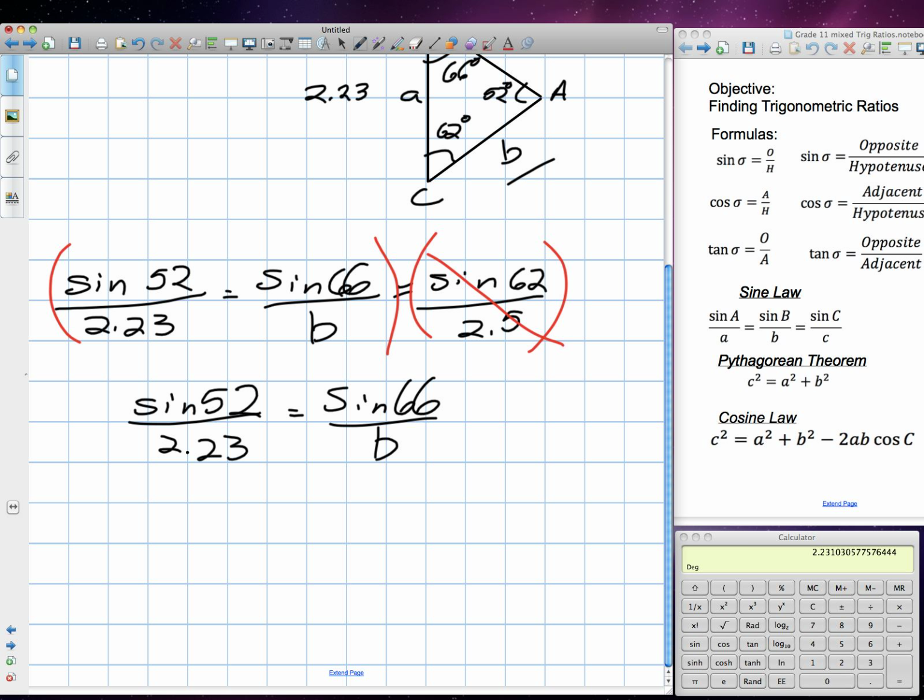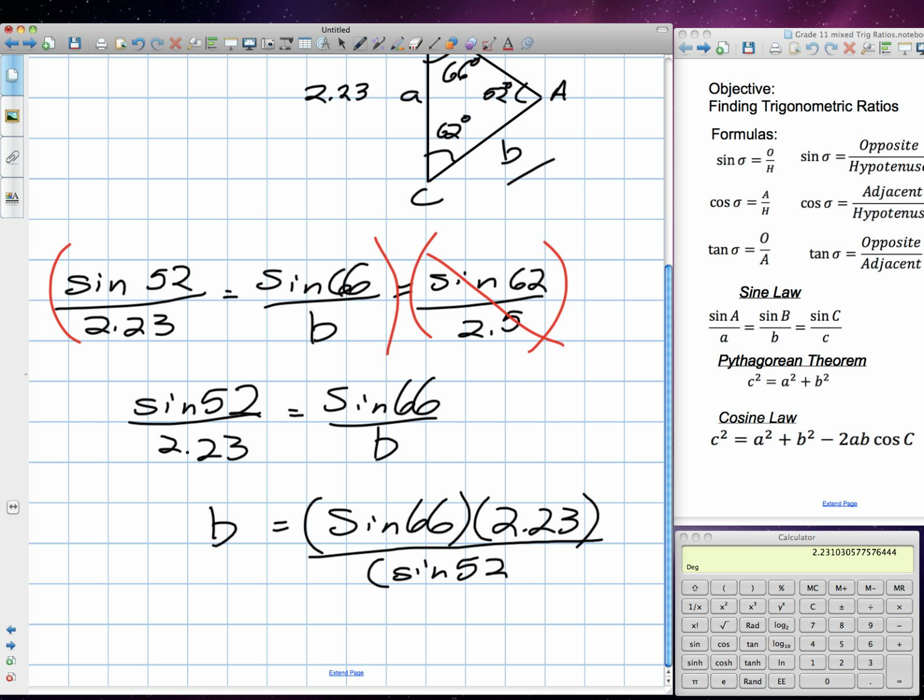The best way to do this right away is to move the bottom to the top and the top to the bottom. So sine 66 multiplied by 2.23 and everything divided by what was on the top over here, sine 52. That's a quick way of doing it. That's the exact same thing. We cross multiplied, and then I divided by sine 52 because it was on the same side as B. All I did is do it all in one step.